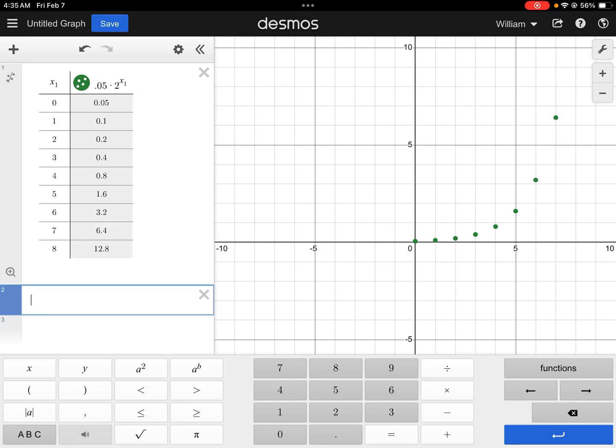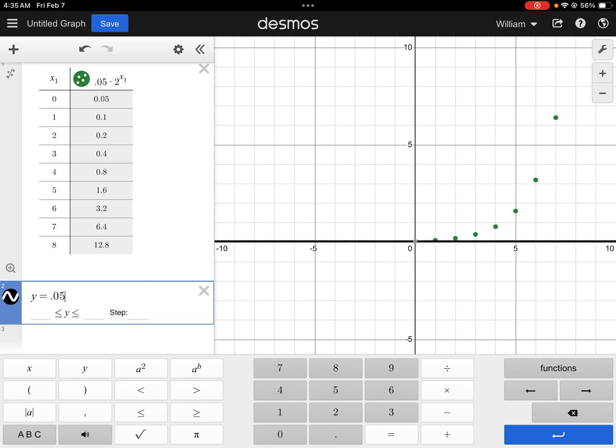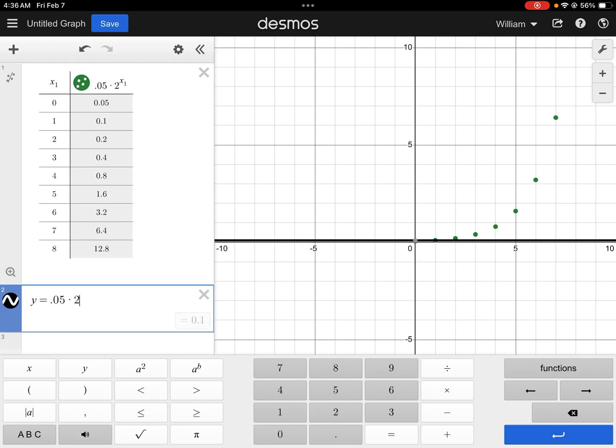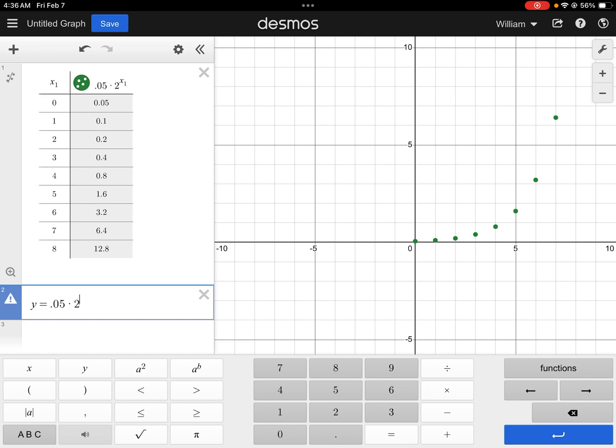In fact, if I go down here, if I type in my equation, y equals 0.05 times 2 to the x power, this one I don't have to use my subscripts. There I can see my graph. See how it's asymptotic towards 0?